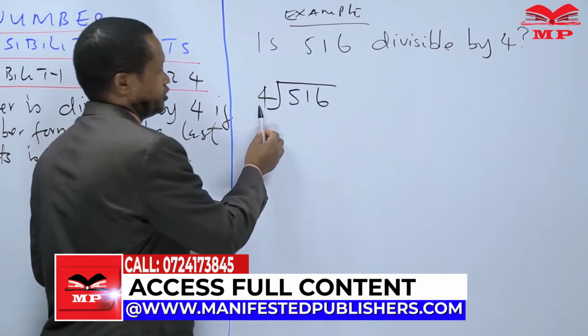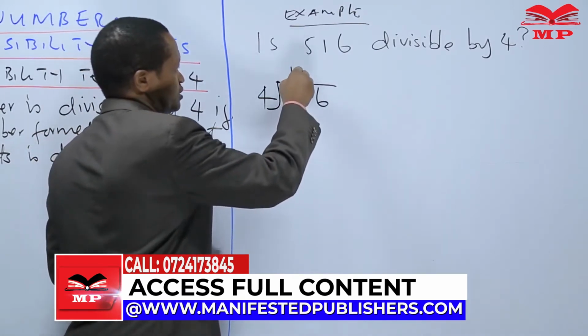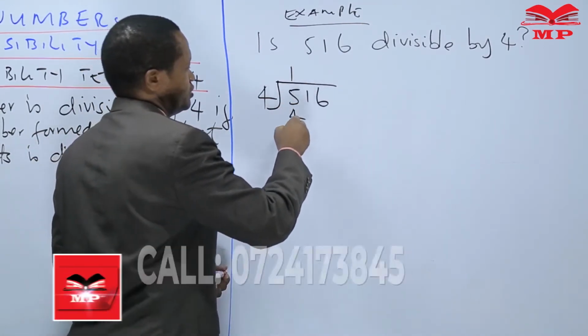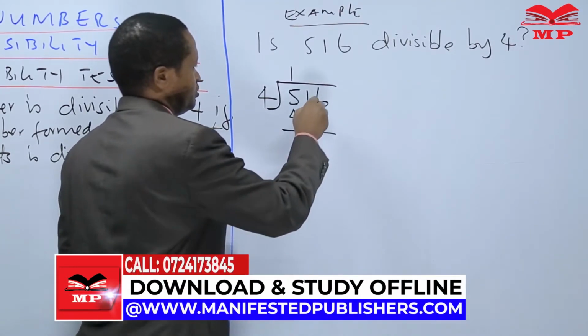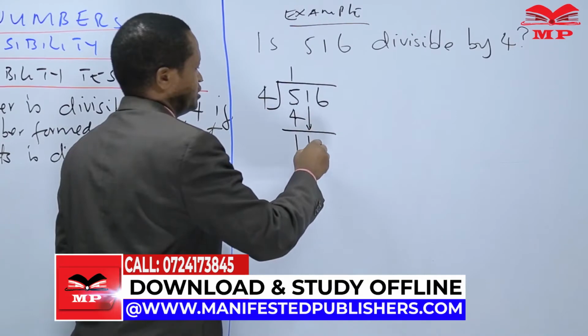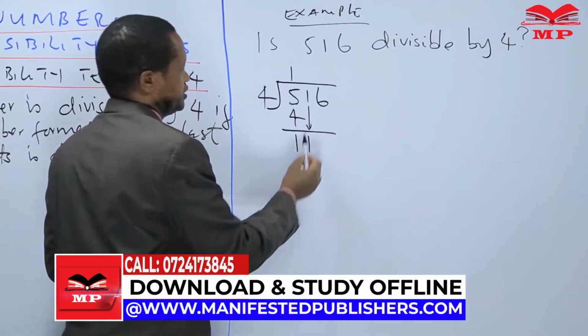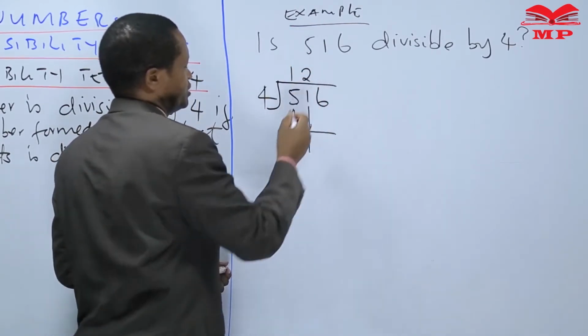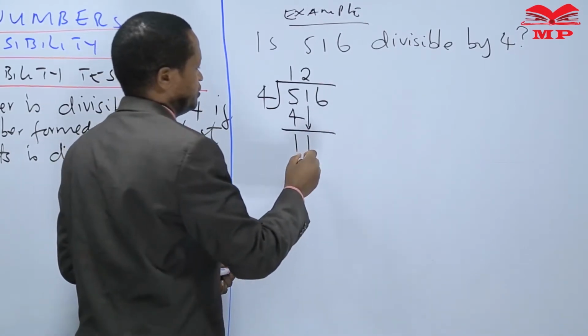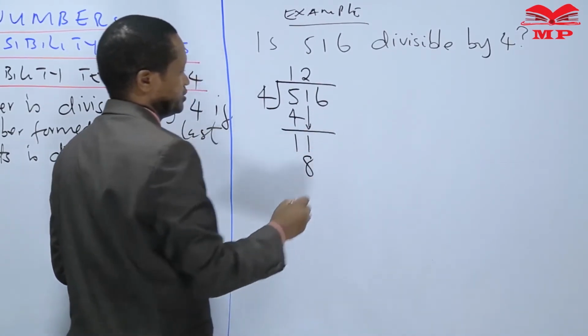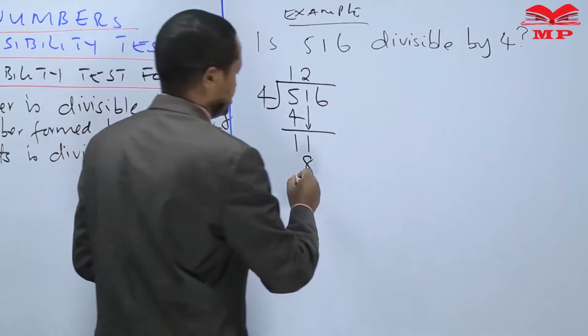So 4 goes into 5 once. We write here 1. Then 5 minus 4 is 1. We bring down this 1 here. 4 goes into 11 2 times. 2 times 4 is 8.